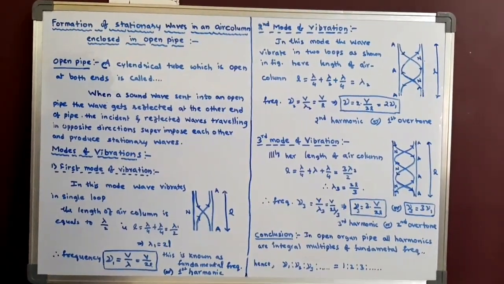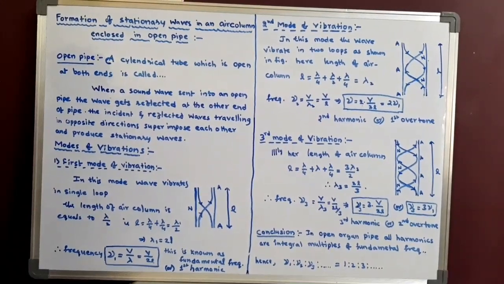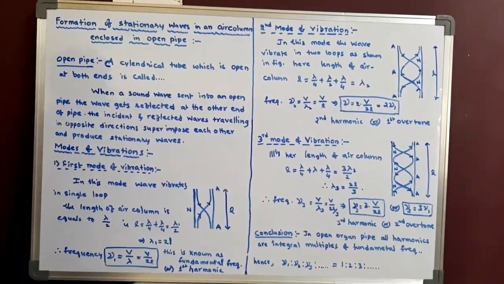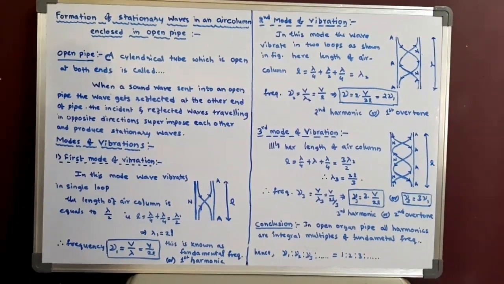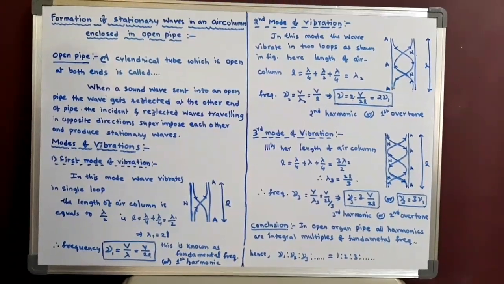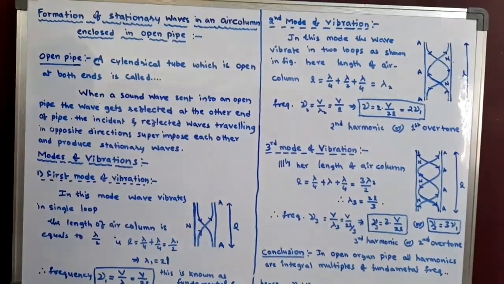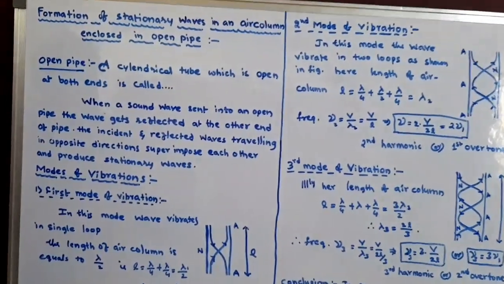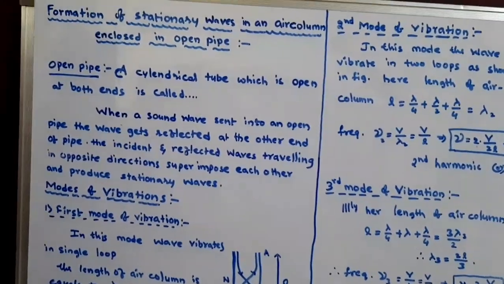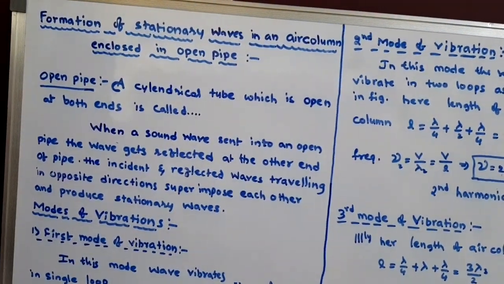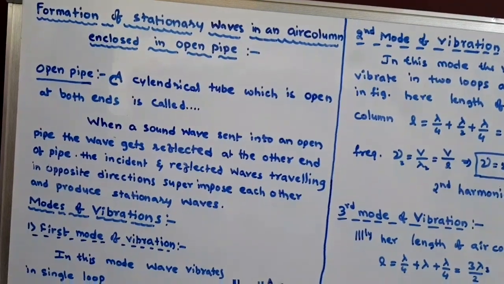Okay students, the next long answer question in the waves chapter is the open organ pipe. So let us see the formation of stationary waves in an air column enclosed in an open pipe. There is another long answer question in the waves chapter, that is the closed pipe.